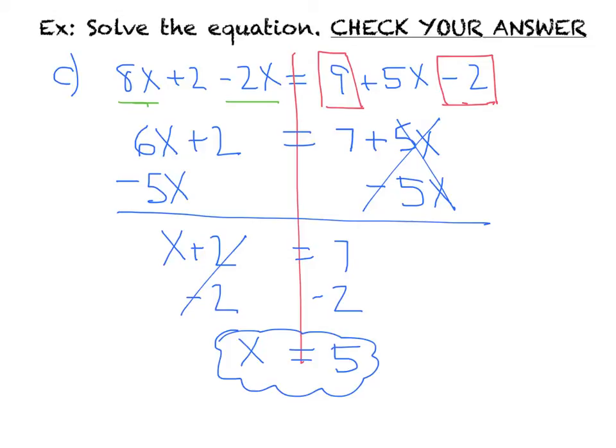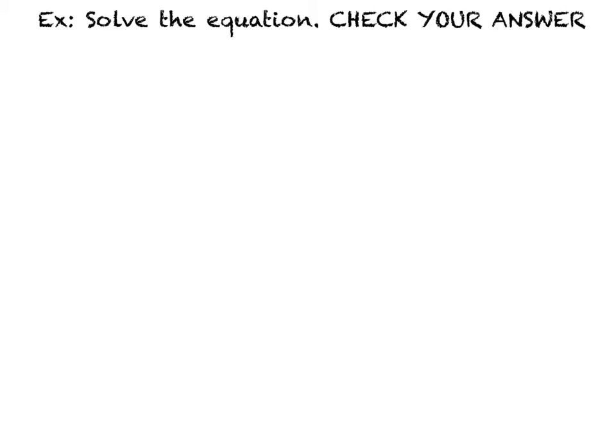There we go. I'm going to go to the next slide real quick to show you how to check this problem, since it's a little bit more challenging. The problem we started with last time was 8x plus 2 minus 2x equals 9 plus 5x minus 2.